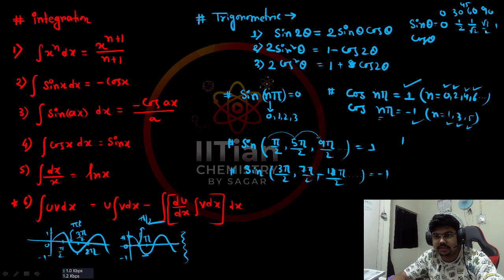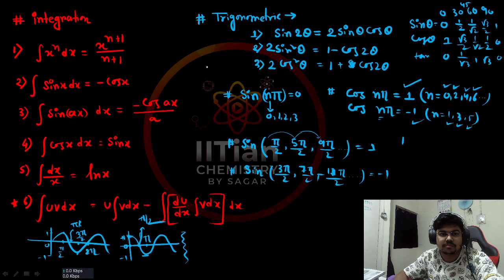Cos theta will be exactly the reverse: 1, root 3 by 2, 1 by root 2, 1 by 2, 0. Tan: 0, 1 by root 3, 1, root 3, and then no, the last one should be infinity.